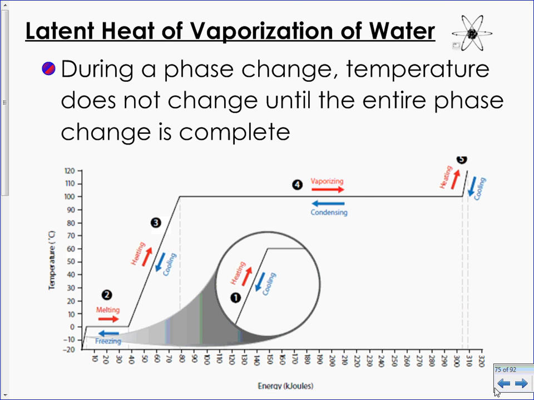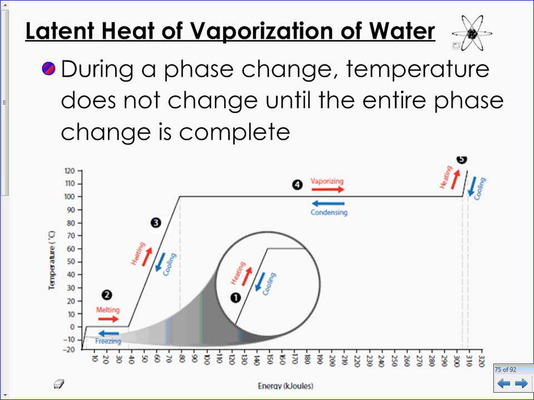And this is basically just saying that when we're talking water, during a phase change, so freezing, melting, vaporization, sublimation, etc., temperature does not change until the entire phase is complete.